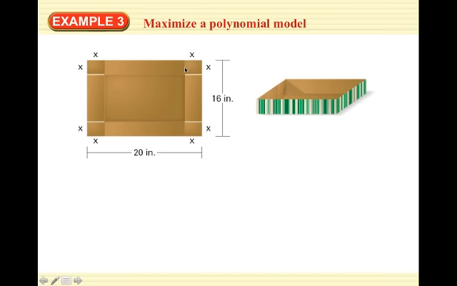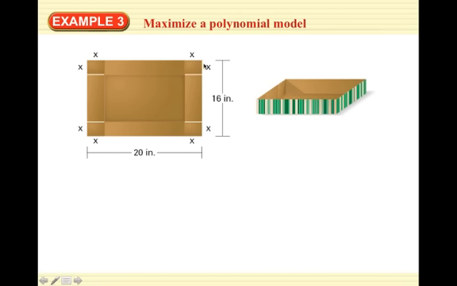Now let's talk about some restrictions. We can't cut or fold further than the whole 16 inches. So if we made it an 8 by 8 square, we would be folding this thing in half. You would take all 16 inches and divide it in half. So that would be an upper bound. You can't do a negative cut.